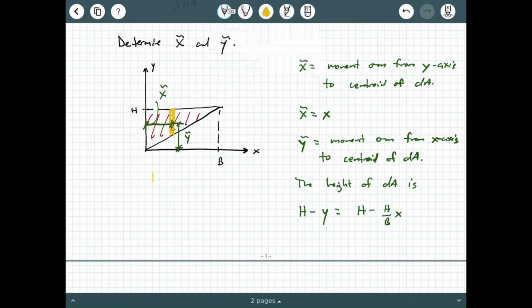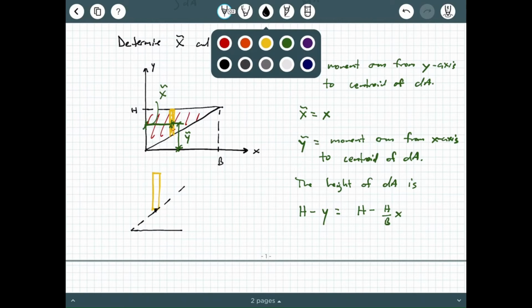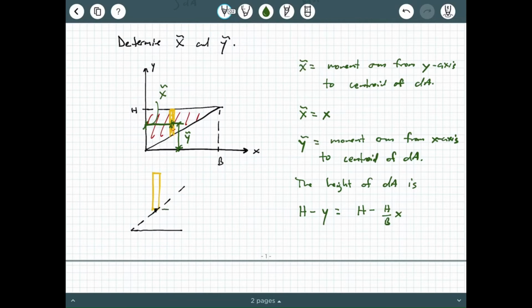Okay, so maybe draw this out a little bigger over here. All right, so this distance right here, that's y.